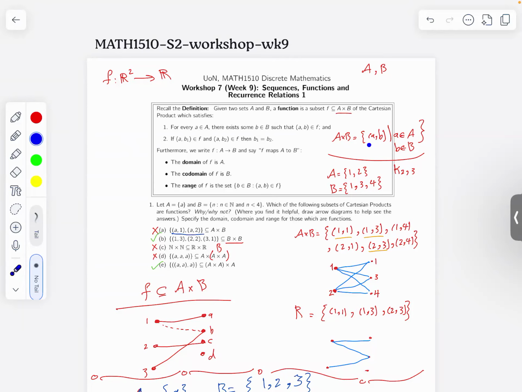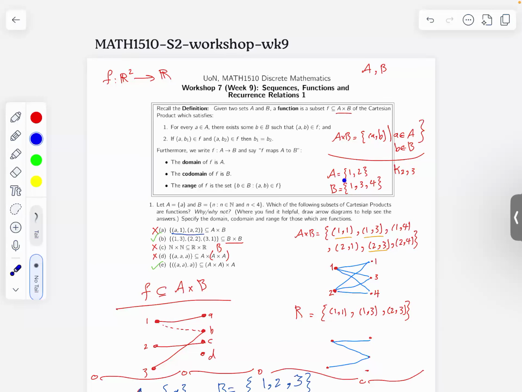Briefly reviewing the Cartesian product: the members of A times B are the ordered pairs (a, b), with the first component belonging to the first set and b belonging to the second set.